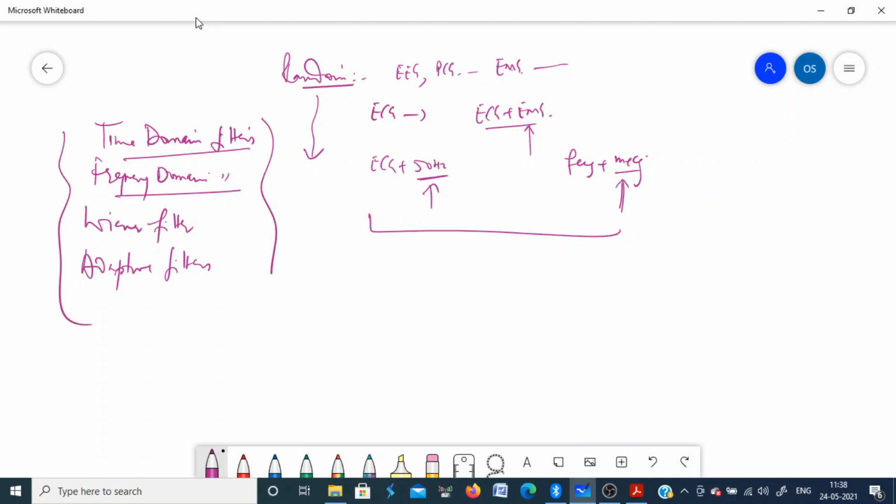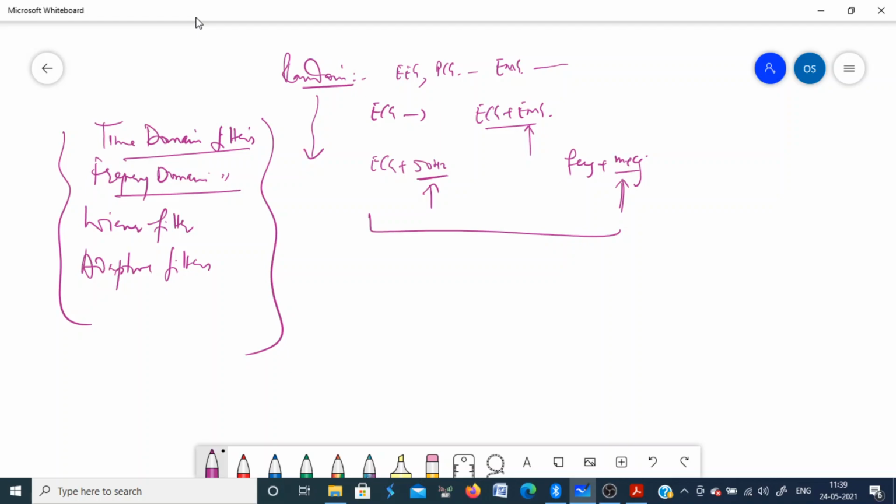So in the time domain filters, we basically process the signal in the time domain. So you have some time domain operation that is applied on the signal using some filter coefficients, without basically calculating its frequency response.